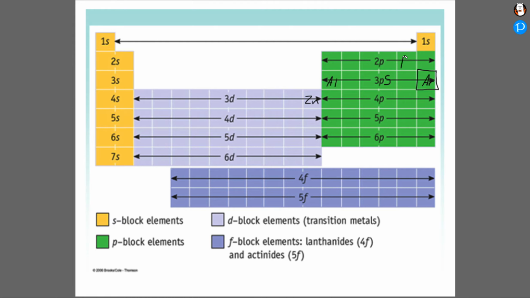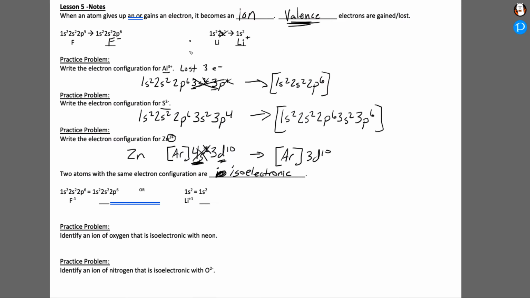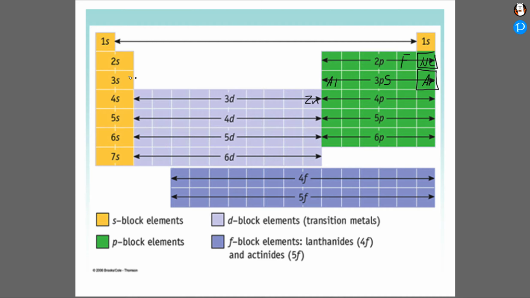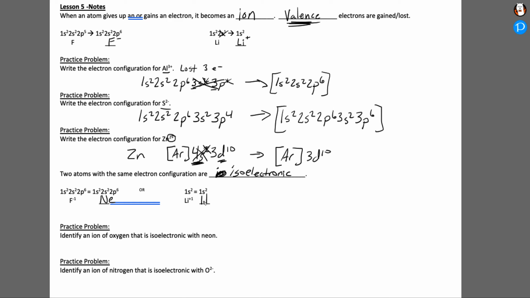So fluorine is right here. This would be neon. It would have the same electron configuration as neon. Or if I have 1s2, so Li plus 1, so let's come back up here. We've got lithium, which would be right here. Plus 1 meaning it's lost 1, so it drops back down to this noble gas, which is helium. So isoelectronic with helium.